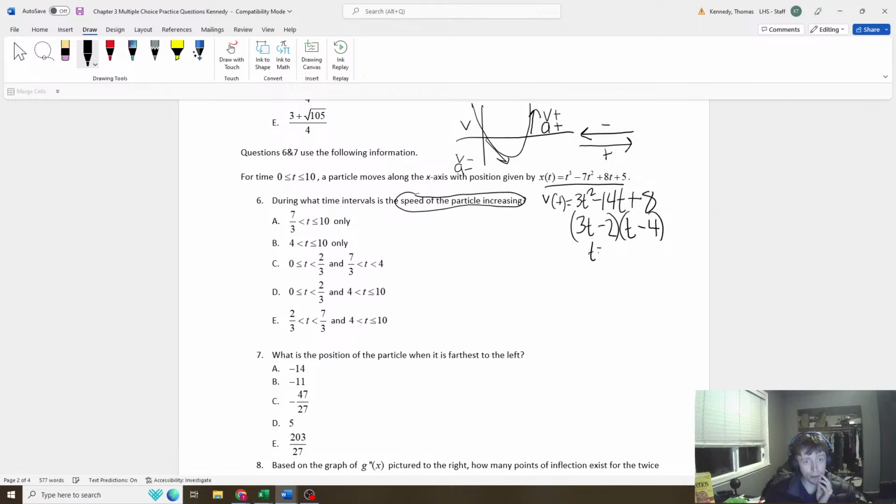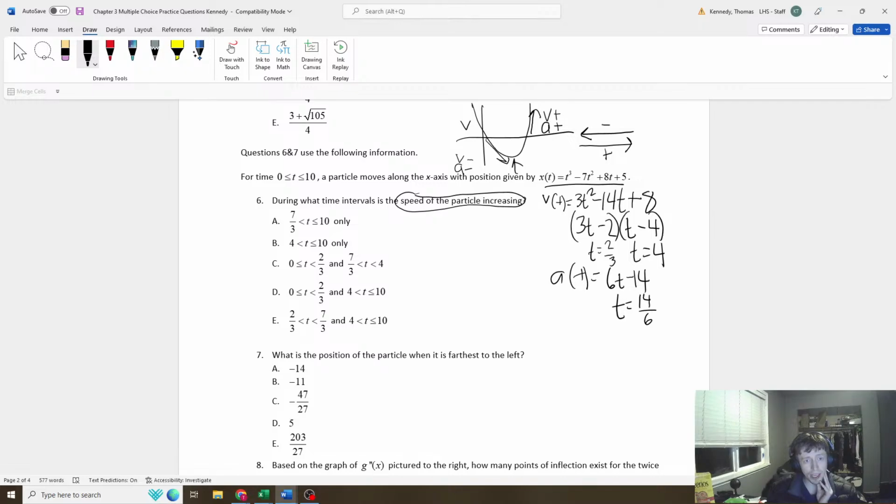So t equals 2/3 is one of the zeros of our velocity, and t equals 4 is the other zero of our velocity. And then we just head to acceleration. 6t minus 14. And we figure out the only place where the acceleration changes, i.e. where the vertex of this velocity graph is, at t equals 14/6.